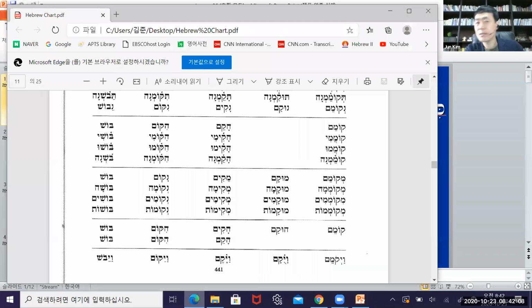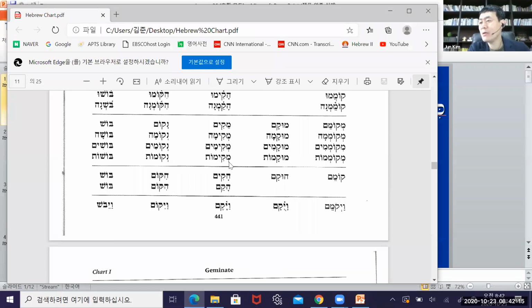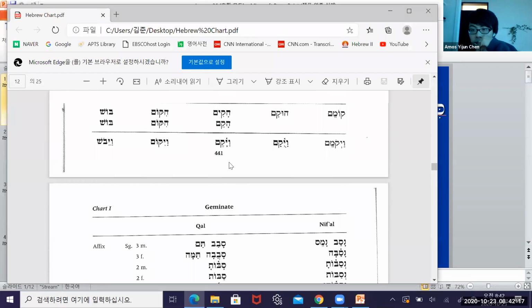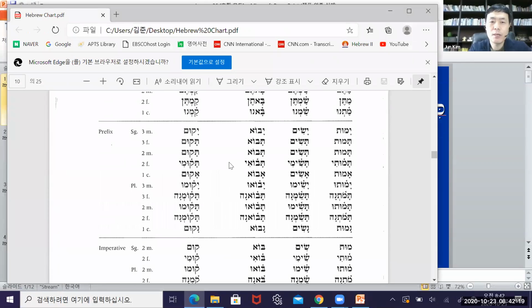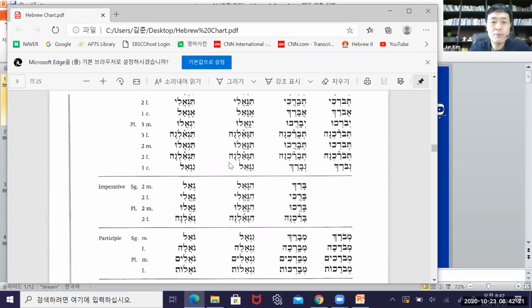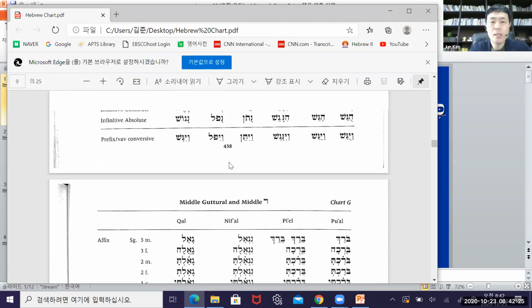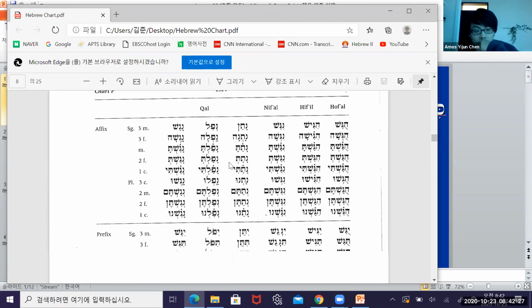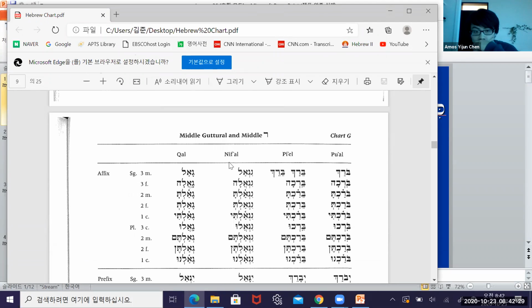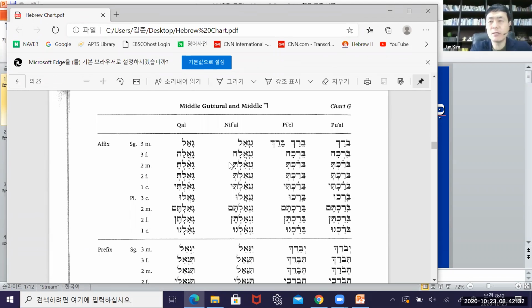In your verb chart, which verb? We are dealing with middle guttural letter. So go to middle guttural. I think it must be appearing just before hello Bob. On page 439, middle guttural and middle resh.